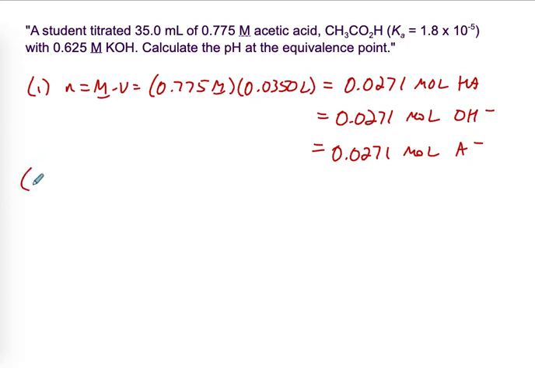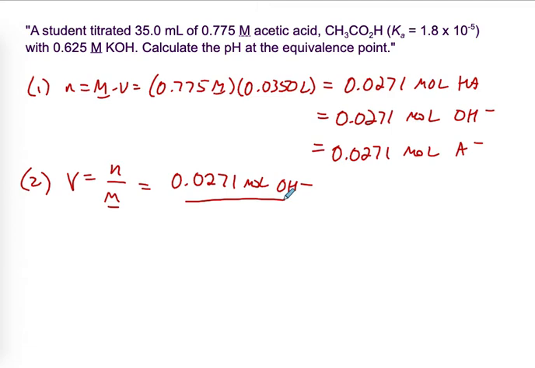So, what volume of potassium hydroxide solution do we need? Well, we simply take the moles required, calculated in step 1, 0.0271 moles of hydroxide, divide that by the molarity you're given, 0.625 moles per liter, or 0.0434 liters of potassium hydroxide solution.